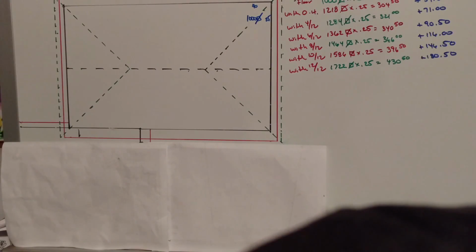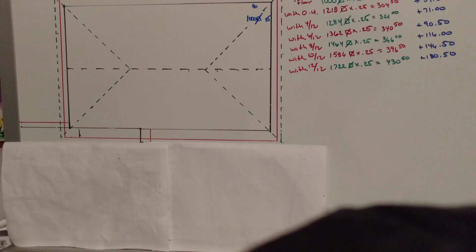A 6/12 pitch gives you 1,362 square feet, or $340.50. That's up $90.50. With an 8/12 pitch, get a little steeper up into Pennsylvania, maybe the Midwest areas or the higher end housing developments, 1,464 square feet, $366, $116 over original bid.